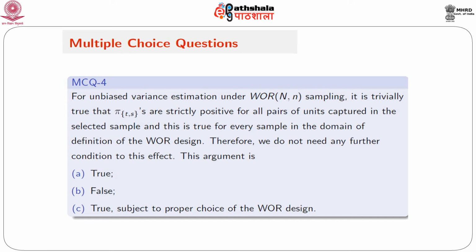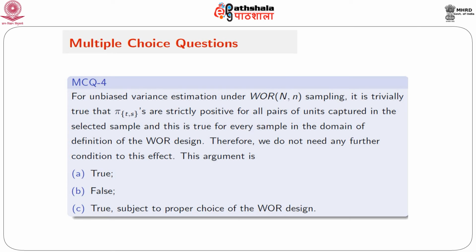This argument is true, false, or true subject to the proper choice of the without replacement design. Okay, let's try to understand the question. For unbiased variance estimation under without replacement sampling, it is trivially true that for all the pairs of units captured in the selected sample, pi ij's are positive.